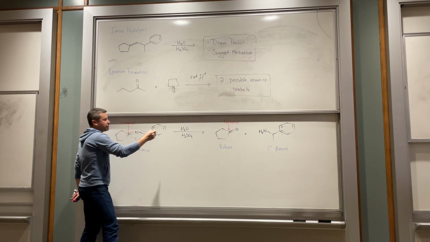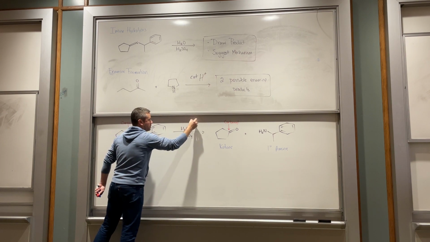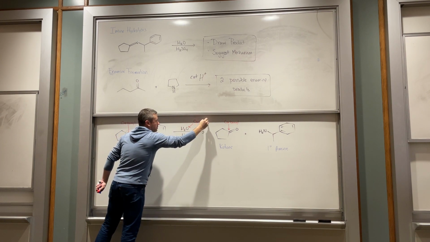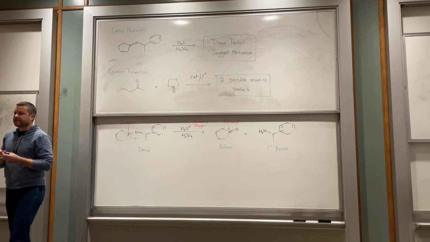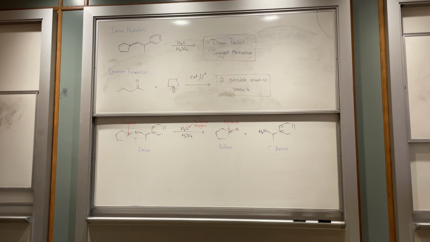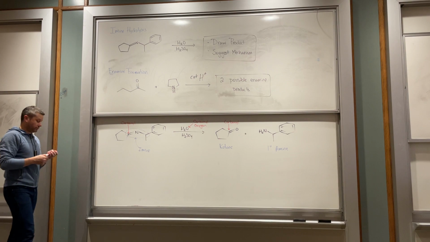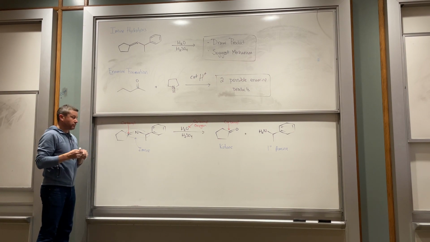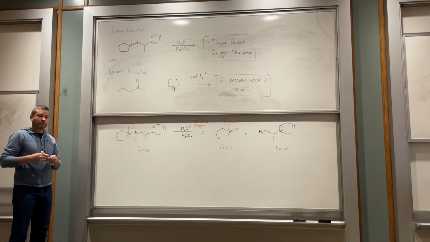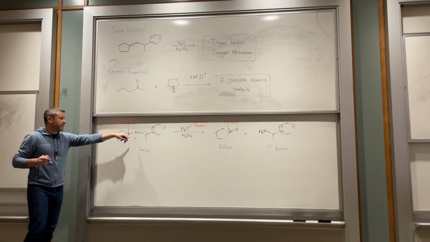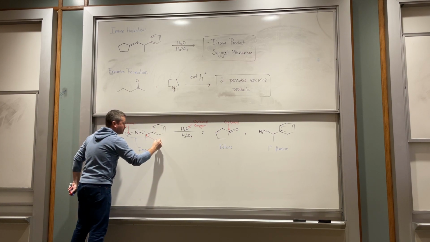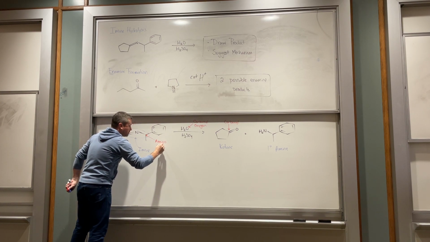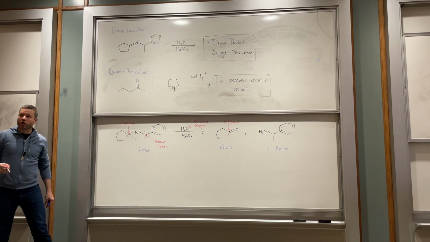And the oxygen that we're adding in water, just like when we hydrolyze an acetal or ketal, that oxygen in the water becomes the carbonyl oxygen. On the other side of the nitrogen in the imine, the other carbon attached to it is going to become the amino carbon of the product.